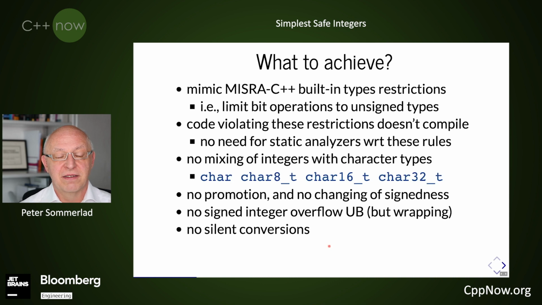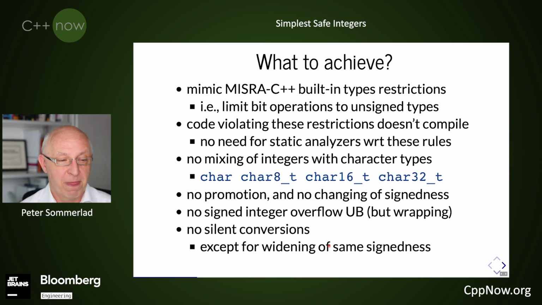In combination with overload resolution and implicit conversions, this can really be a nightmare to figure out when things go wrong, or it gives you developer surprises where a specific function overload or operator overload is selected that you weren't aware even existed. What I still allow is widening of the same signedness. So if you combine the uint16_t with the uint32_t, the operation is valid and the widening happens automatically, because that is a safe way to do arithmetic, and the result will be of the wider type.